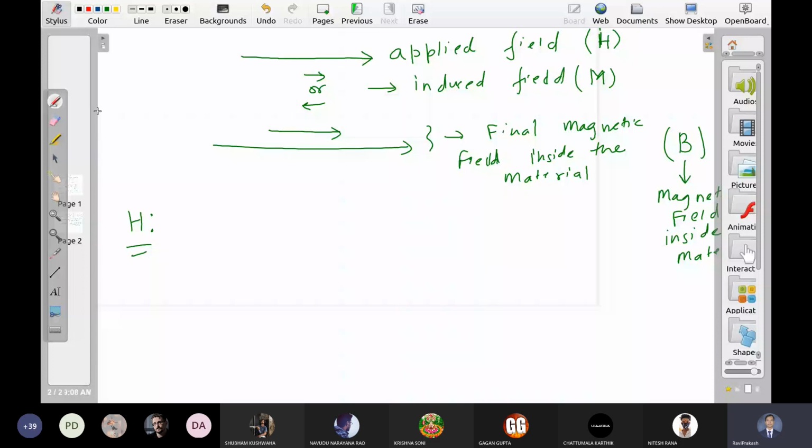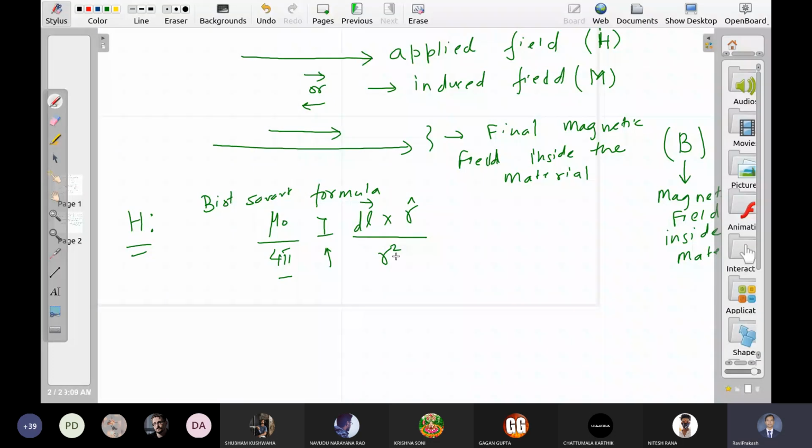The field that we create is given by this formula, mu naught upon 4 pi, current I, some small current element dl at some distance r. 4 pi is a constant. I is something that we can control. dl is the element of the wire where we are flowing this current. r represents the distance. So all the parameters are in our control except this one.